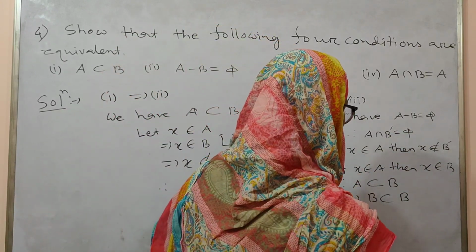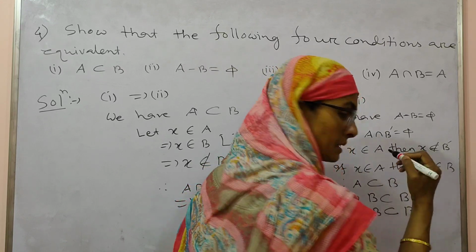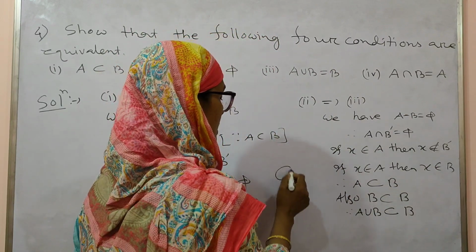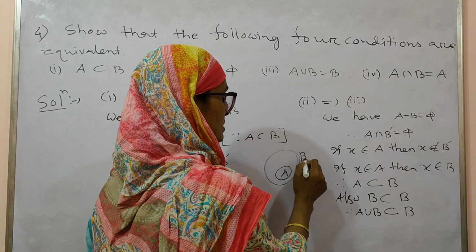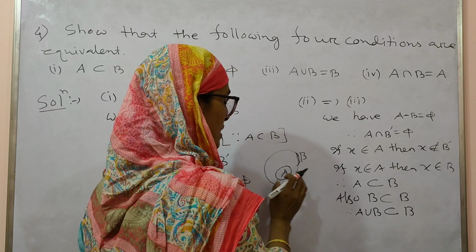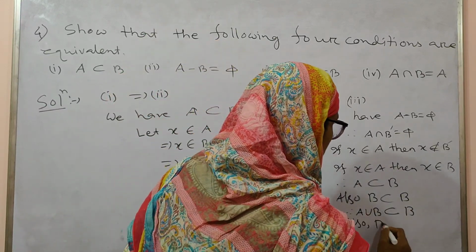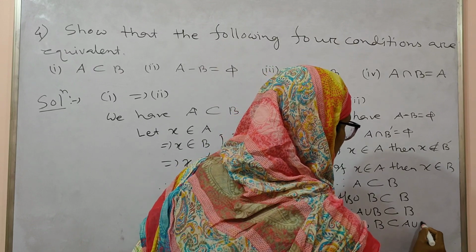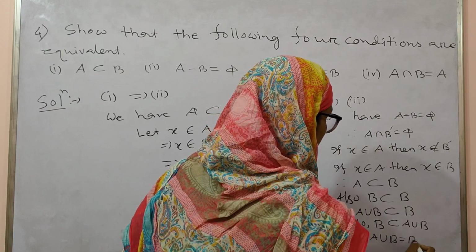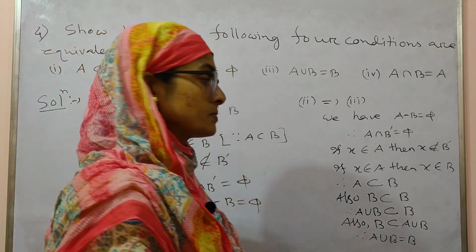Therefore, A union B is a subset of B. This one, A is a subset of B, and again B is a subset of B. So A union B, the whole, is a subset of B. Also, B is a subset of A union B. Therefore, A union B equals B. This one is number 3. You can write the notes.